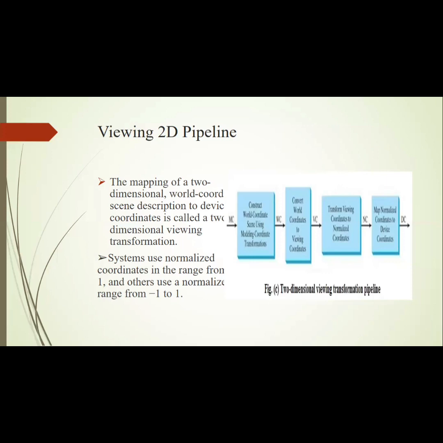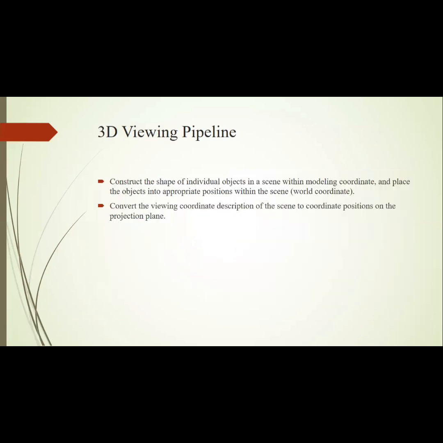The system views a normalized coordinate range from -1 to 1. At the final step of the viewing transformation, the contents of the viewport are transferred to positions within the display window. This allows us to reduce the computation by first concatenating the various transformation matrices.